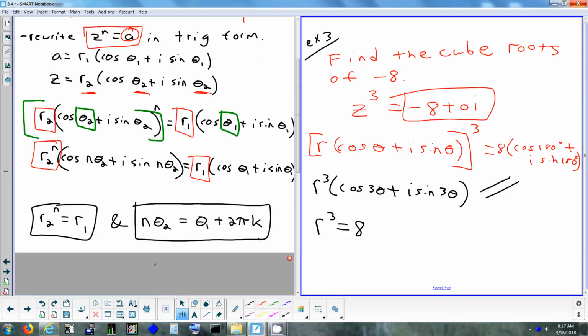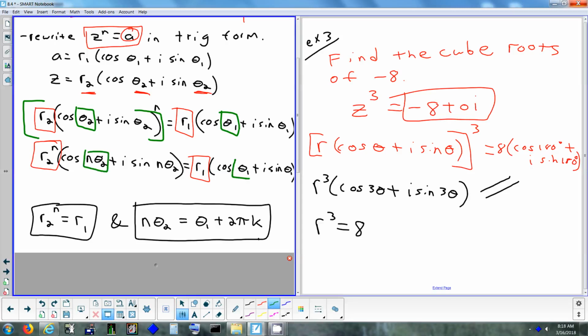We'll solve that in a minute for r. You probably already know the answer, but we'll find our radius in a second. And then the second equation is when we set the angle equal to the other angle. That's what you start with. So 3 theta equals 180 in our problem.